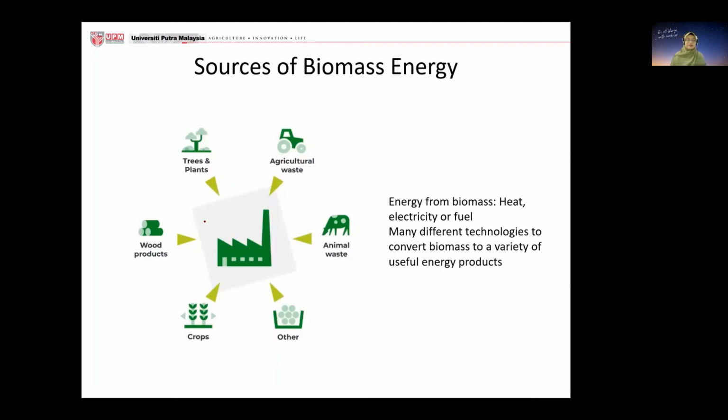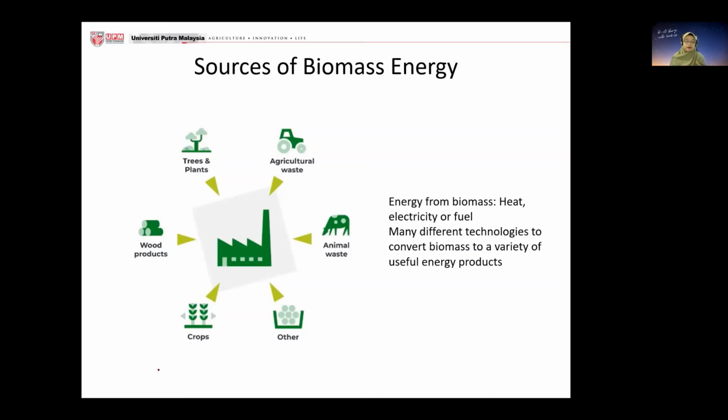So if you look at the sources of biomass energy, this is quite a simplification. There are so many more, but you can have trees and plants, and this can be agricultural waste or energy crops.